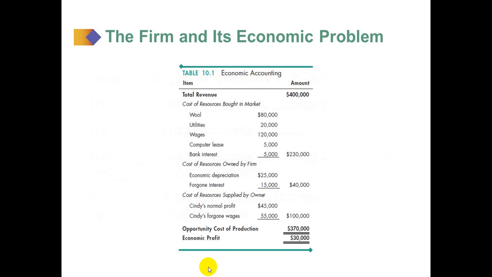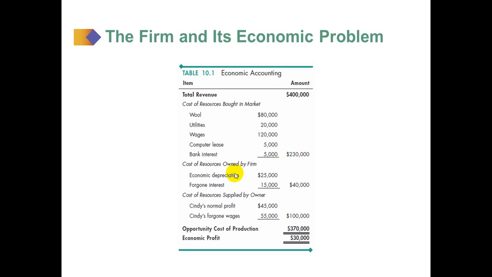This is an example to calculate economic accounting profit. If total revenue is 400, and the cost of resources bought in the market are as follows: 80,000, utilities 20, wages 120,000, computer lease 5,000, bank interest 5,000, so the total is 230.